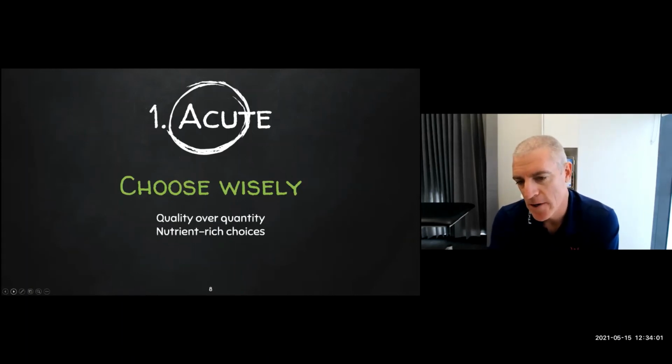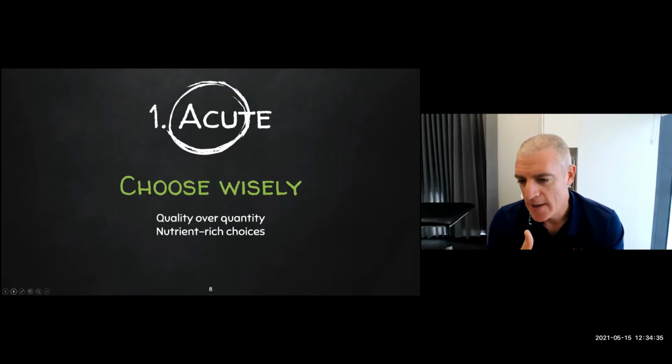So if you know your appetite is really high, or the other way too, if appetite is poor and maybe eating is a bit of a challenge, it's the same but opposite strategy, if that makes sense, in that the quality is going to be important, maybe more so than quantity, and that may be nutrient-rich choices, so more in the way of fruit, vegetables, etc., rather than necessarily high energy nutrient poor choices.